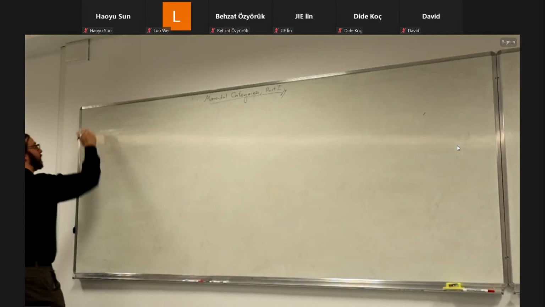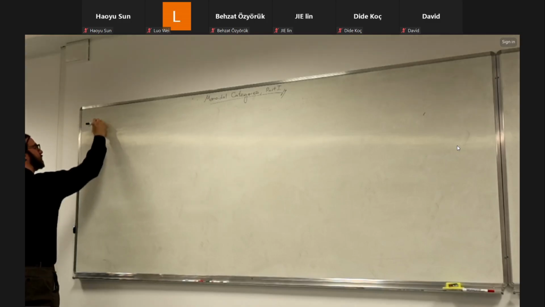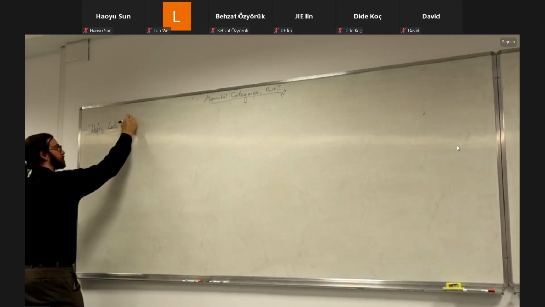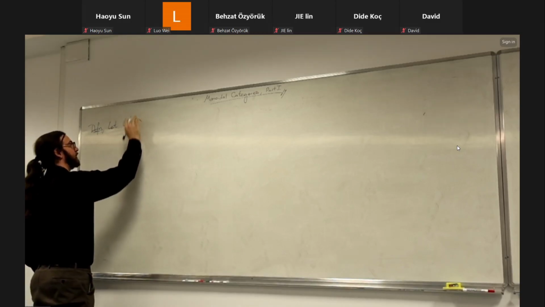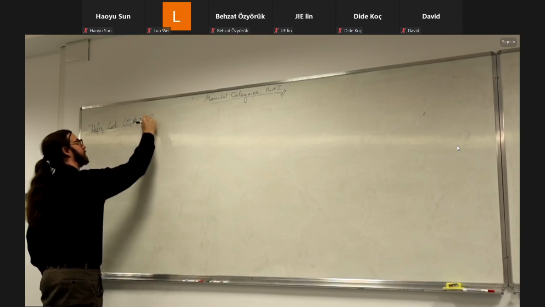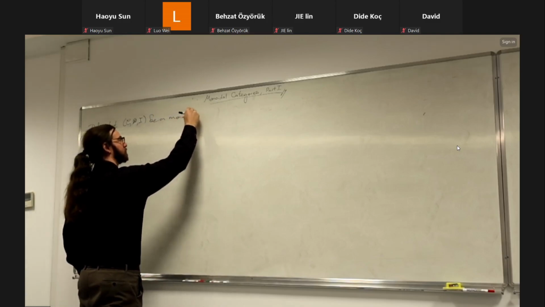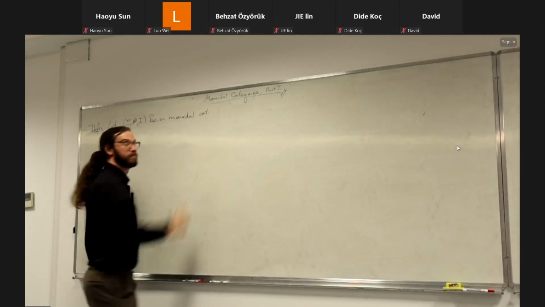So our first definition: let (C, ⊗, I) be a monoidal category.